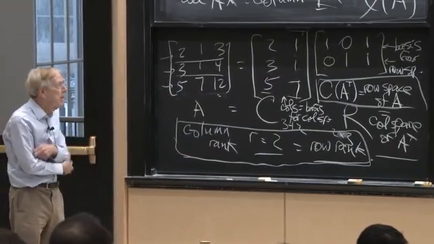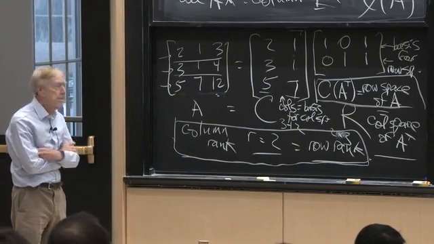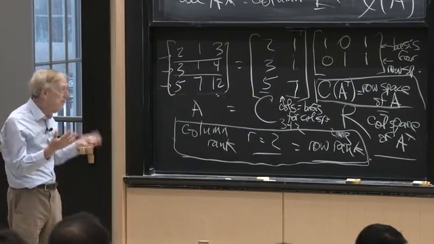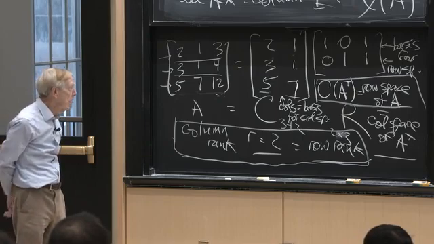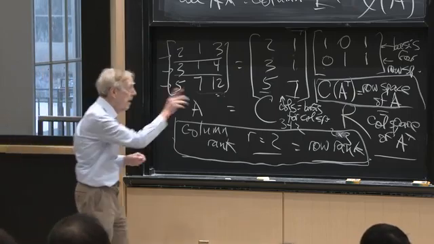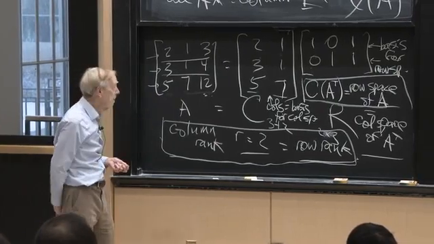So of course, everything here has different languages and different emphasis, but you see what the emphasis is here. Okay, so you see the proof that A equals CR just reveals everything.